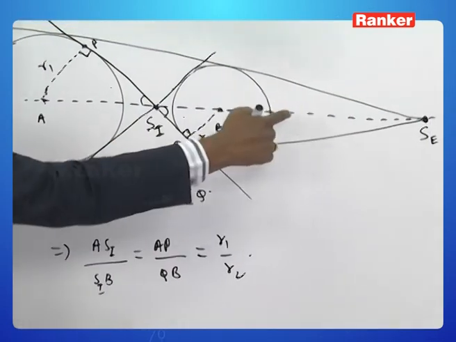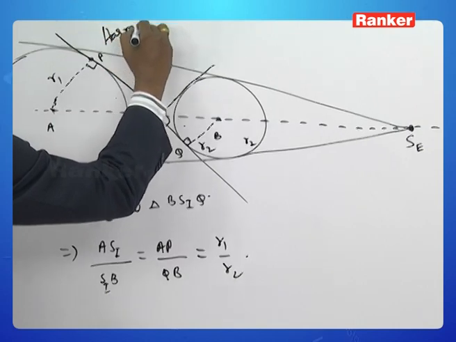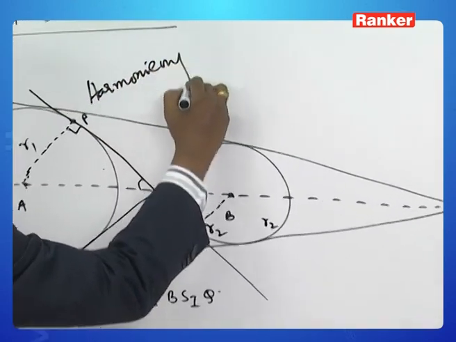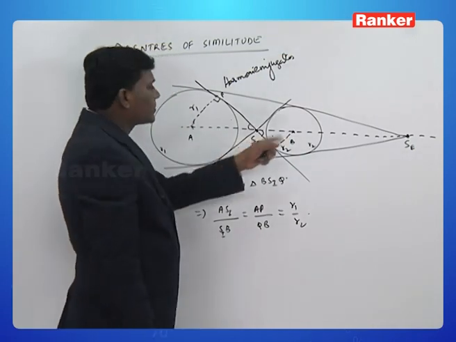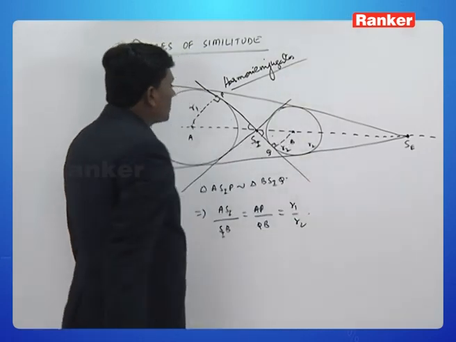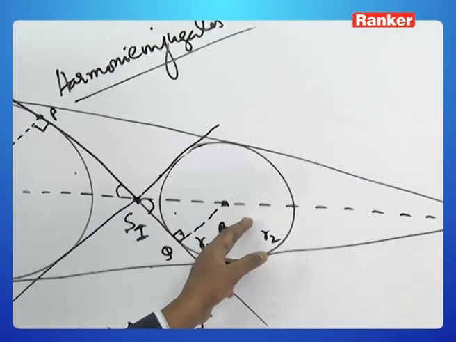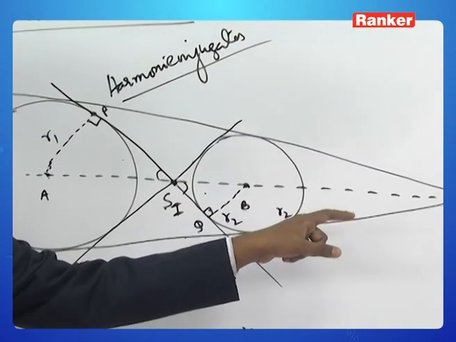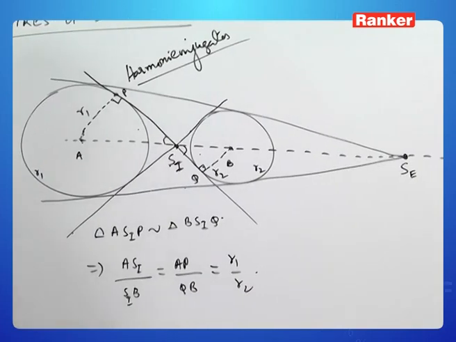That is why these 2 points are harmonic conjugates to each other with respect to the centers AB. So, we have comfortably shown that these 2 points divide the centers in the same ratio internally and externally, and hence they are called harmonic conjugates to each other.